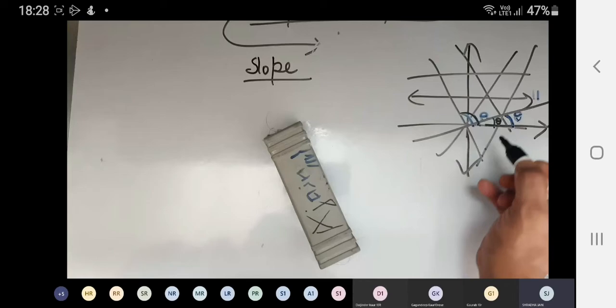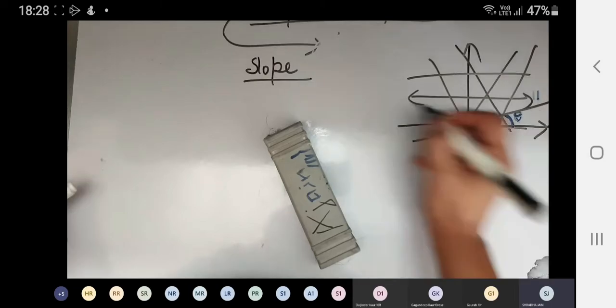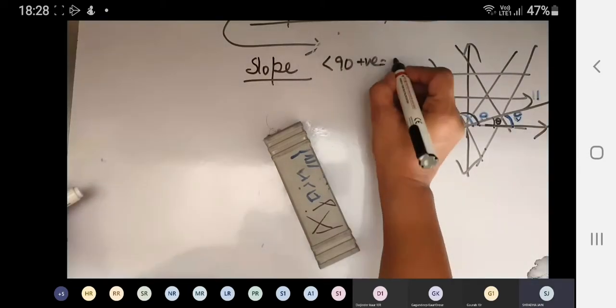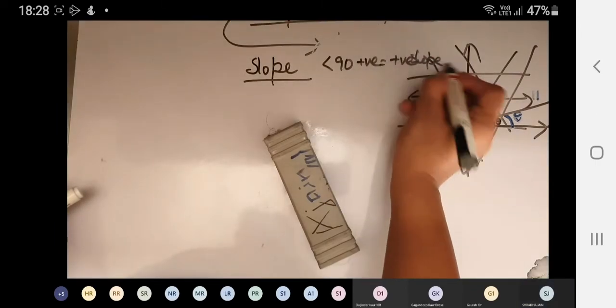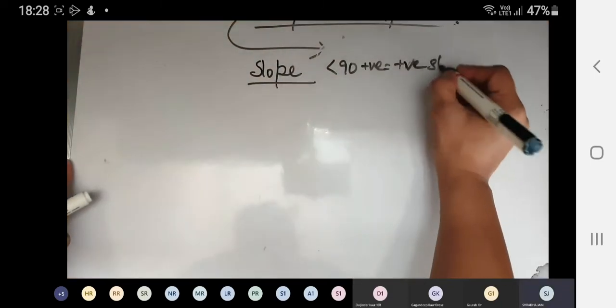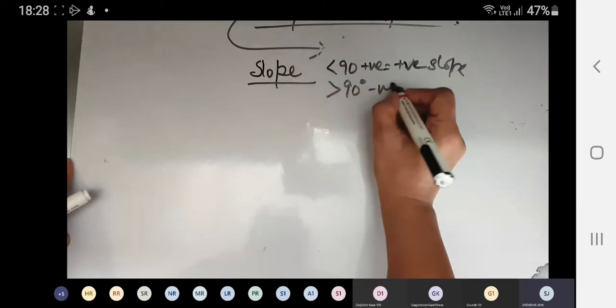The slope may be positive or negative. If the line makes an angle less than 90 degrees with the positive axis, then it will have positive slope. And if it makes greater than 90 degrees, it will have negative slope.